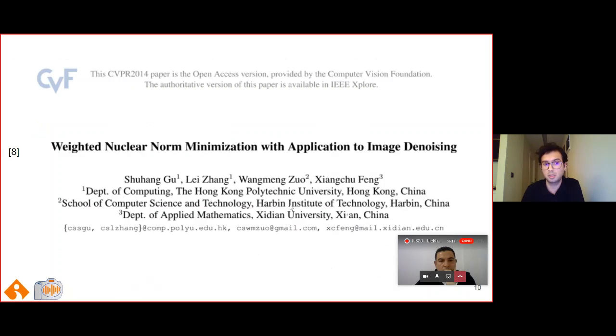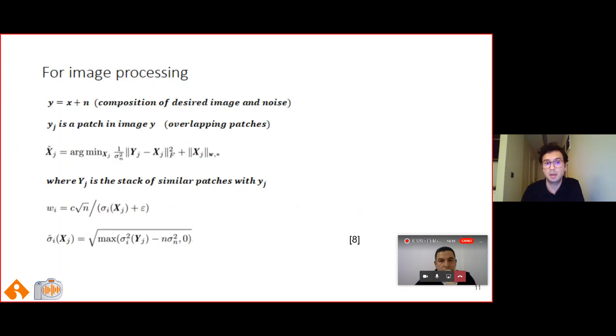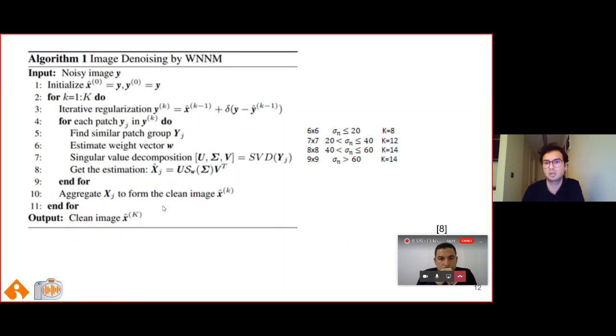The other one is weighted nuclear norm minimization with application. As you can see here, they are using overlapping patches. They are collecting them into a stack by creating a nuclear norm matrix of the patches, and they are calculating the weight for each stack. Then they reconstruct the noise-free image iteratively, and you can see the basic algorithm of that.